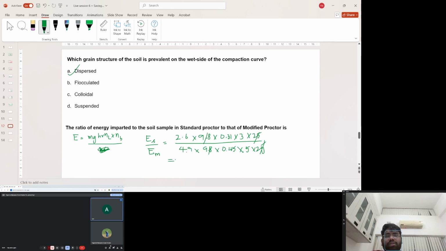So how much we are getting? 2.6 into 0.31 into 3 divided by 4.9 into 0.45 into 5. You will be getting around 0.219. This is the ratio.